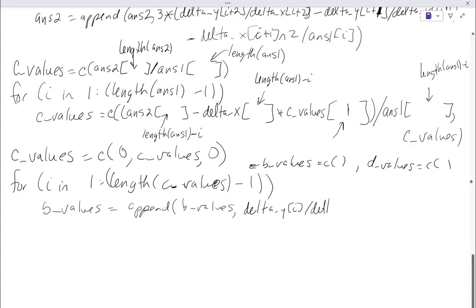Minus delta x of i over 3, times 2 times C of i plus C of i plus 1, right?